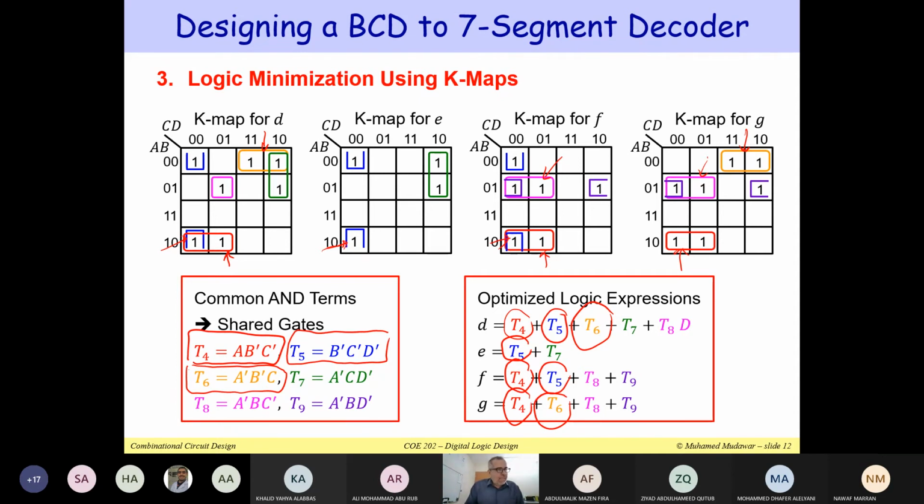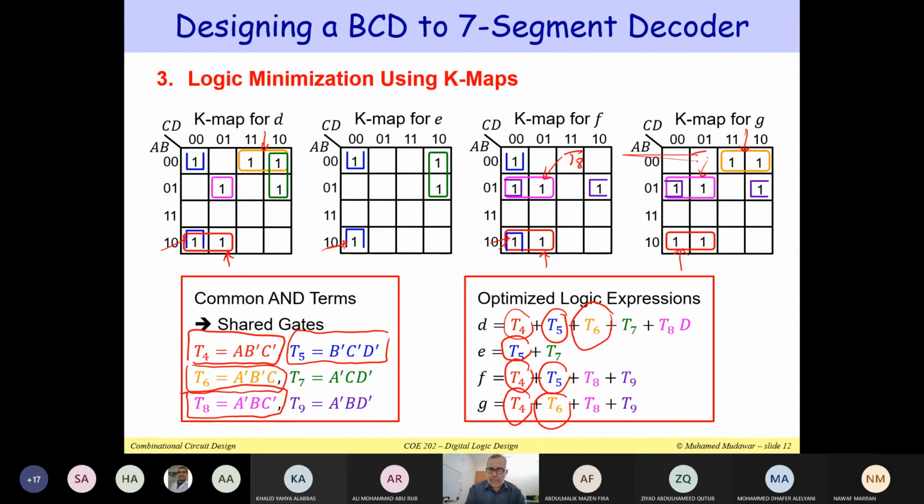Whenever you have multiple outputs, there is a chance that you will have many common terms. And sometimes it's not really identical. Look at T8, for example. T8 is A prime, B, C prime, which is shown here. This is T8.